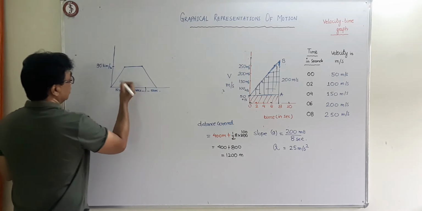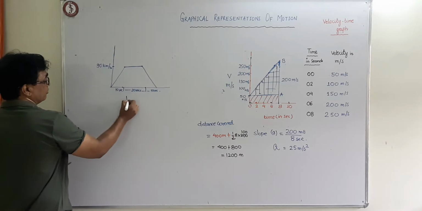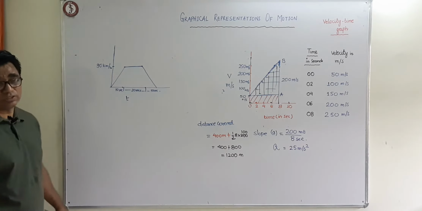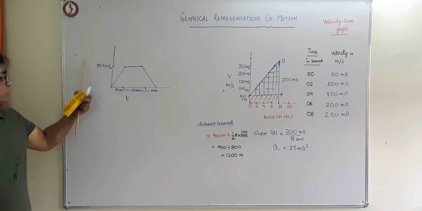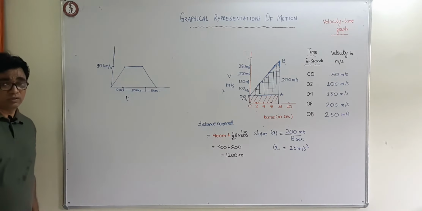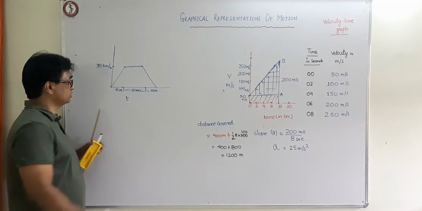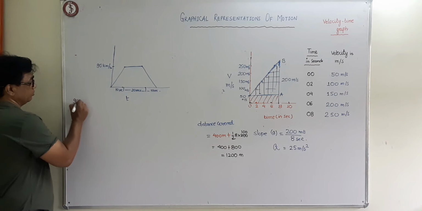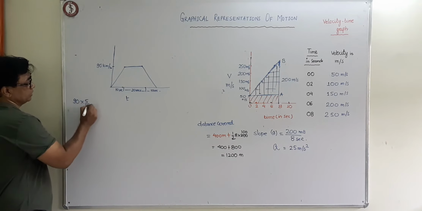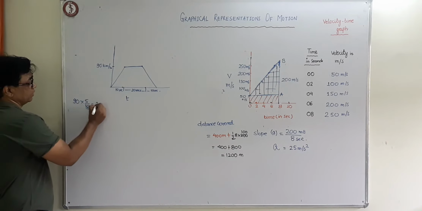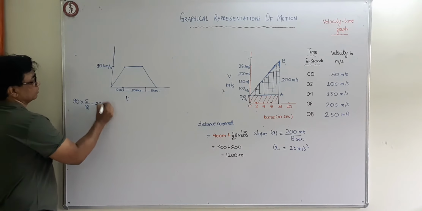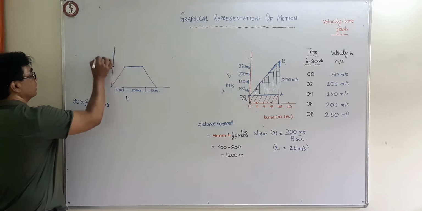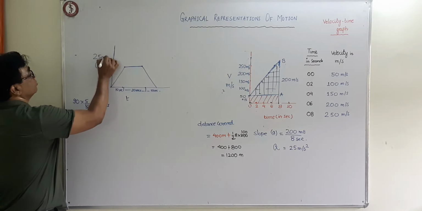So now what type of graph is it? It is a velocity time graph, isn't it? How do you recognize? Kilometer per hour is a unit of velocity, and time in seconds is a unit of time. Now here the first thing you do is 90 km per hour can be changed straight away to meter per second. So this is 25 meter per second. What you do, you write this in brackets and later you write 25 meter per second.